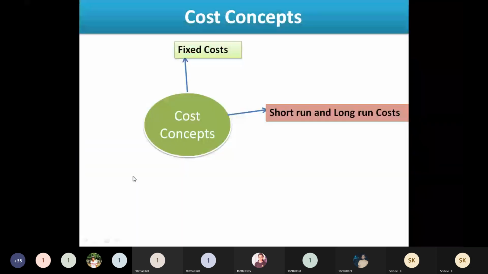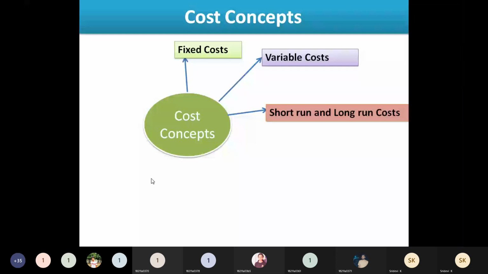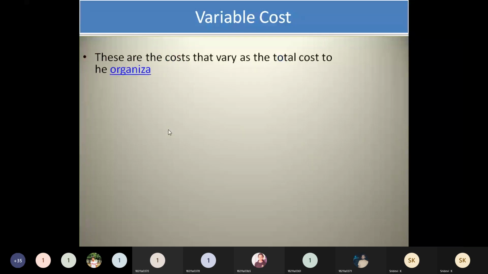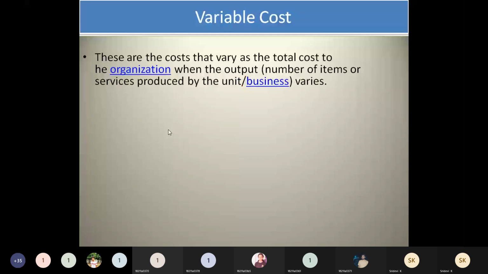And coming to the next cost, that is variable cost. Variable cost, the name itself is indicating: variable means varying, changing. So this will be changing continuously, depending on your output and on the inputs you are going to use. For example, raw materials.